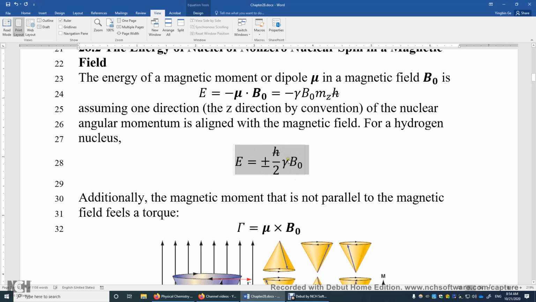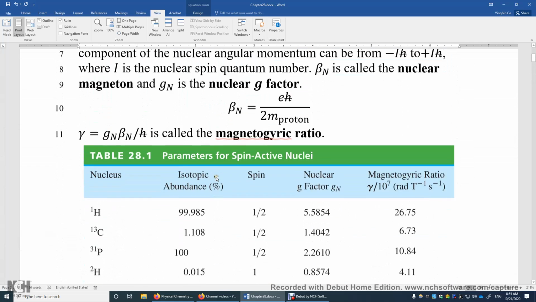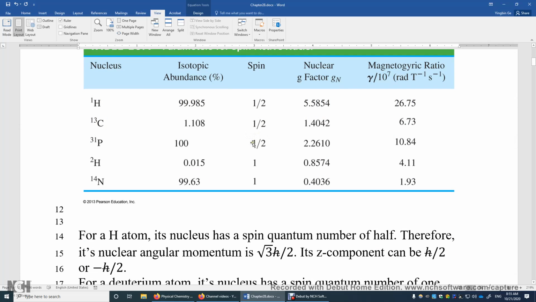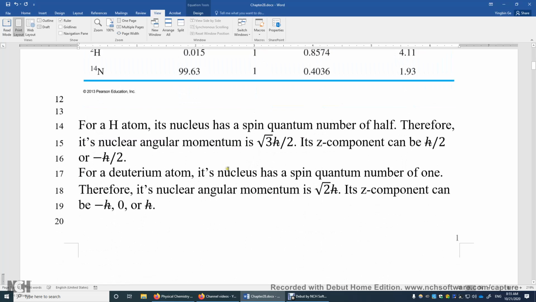Use this equation for the hydrogen nucleus or any other nuclei with a nuclear angular momentum quantum number of 1/2. Here m sub z is plus minus 1/2. You can use this plus minus 1/2 for carbon 13 as well, or phosphorus 31. But if you have hydrogen 2 or nitrogen 14, you can't just use plus minus 1/2. You have to use -1, 0, and 1 as the z component.